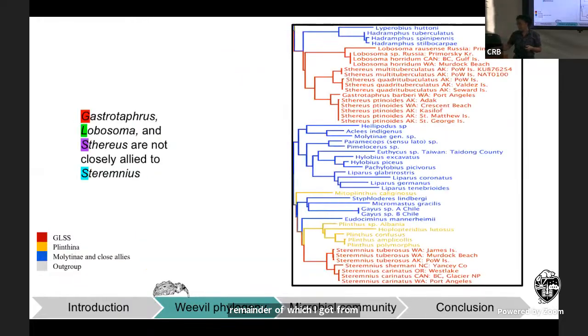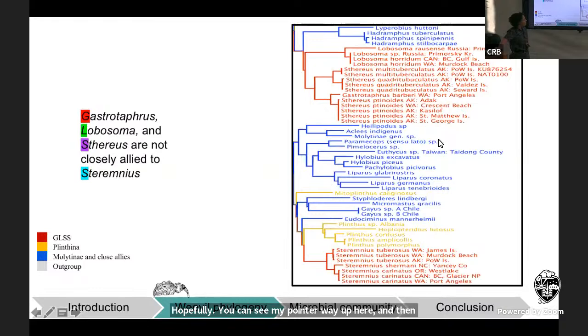So let's zoom in a little bit. And I hope the thing that is most obvious from this image, let me just move this over here, is that the big GLSS clade, the red group, is split in 2. So we have Gastrotaphorus lobosoma and Stereas here. Hopefully you can see my pointer way up here. And then way down here is Stremius.